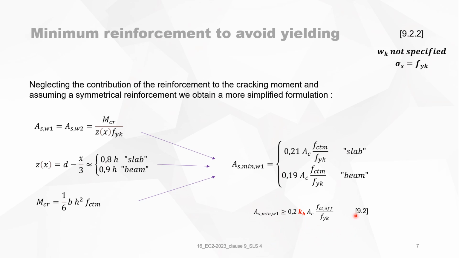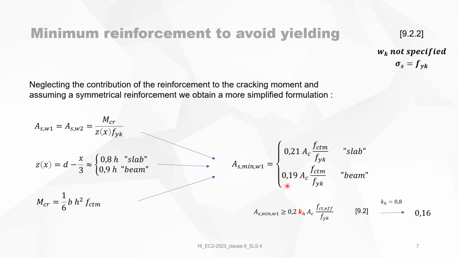We can now compare that with formulation 9.2 of the Eurocode 2 2023, and we see that it's 0.2 kH. This is the same as we got here. So we have 0.2 kH, and kH is between 0.5 and 0.8. If you take the larger value of 0.8, then you will see that it's 0.16 times this formulation.